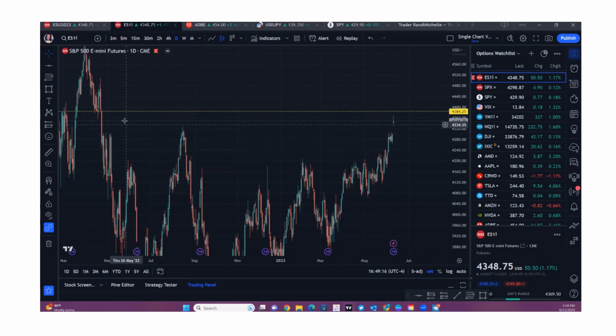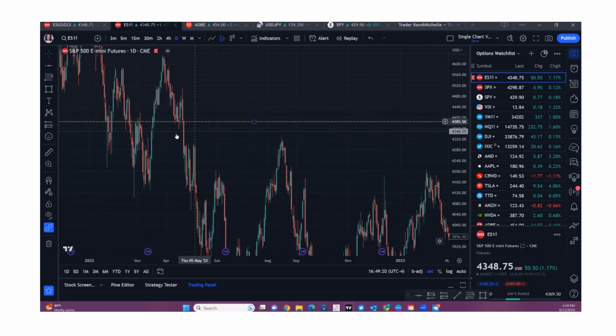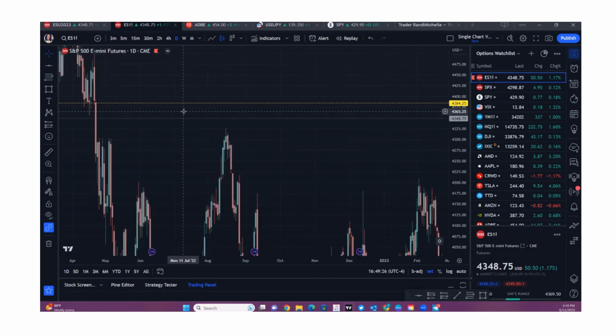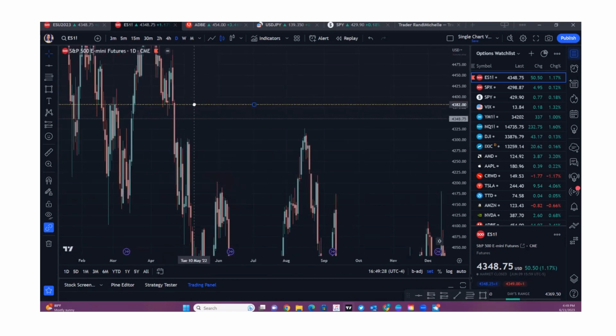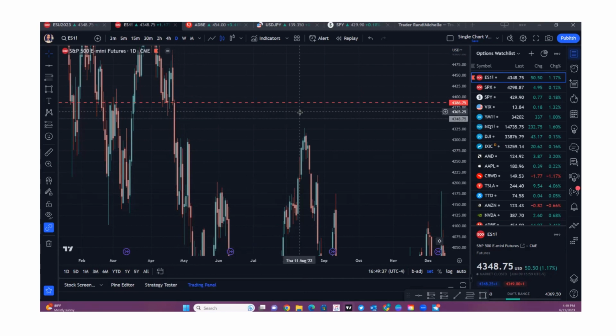So I'm going to knock this out and zoom all the way back out here and mark this line. I'm marking the top of this very long candle because I believe that price will resist right at this line. We're going to make this a dashed line, and we can make it red for the top.